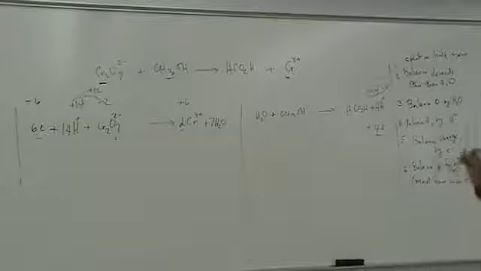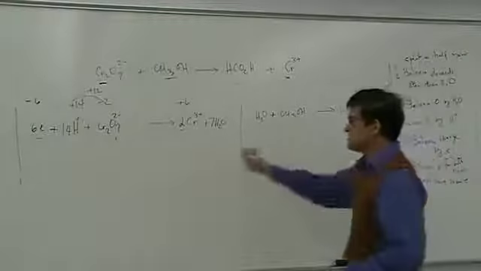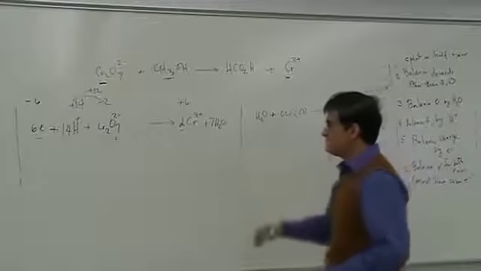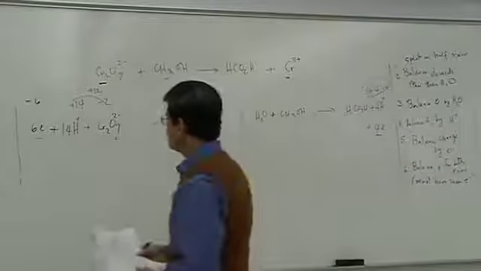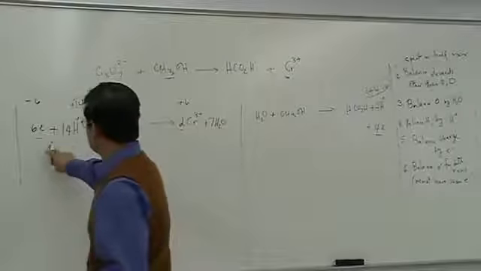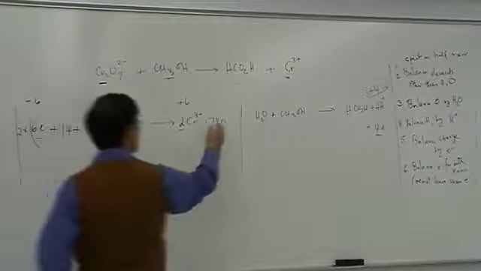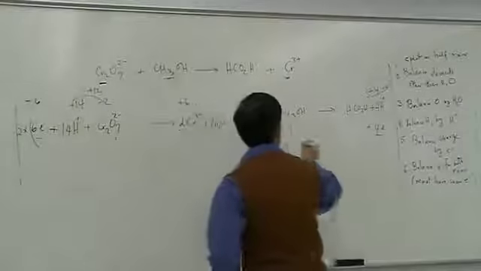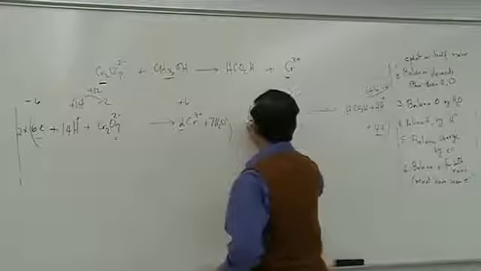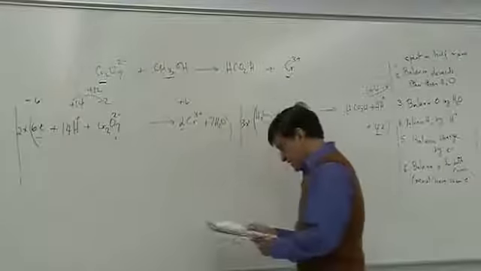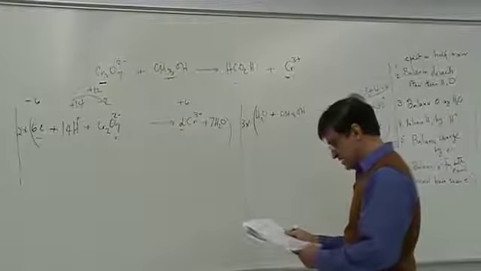be the same number. So now between 4 and 6, I can think of 12, the next closest number I can get. Multiply this by 2. So 2 times this whole thing will give me 12 electrons. And here I need to multiply this whole thing by 3. And that's how you need to balance this reaction.